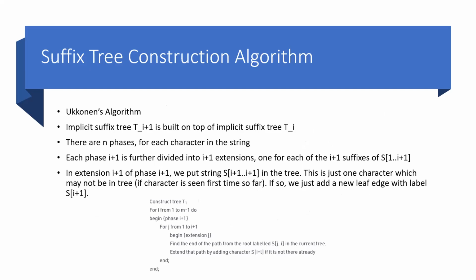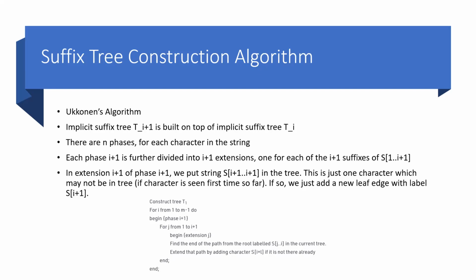So a suffix tree construction algorithm. The algorithm I'll be talking about is Ukkonen's algorithm, where it creates an implicit suffix tree. So to make T sub i plus 1, we have to build upon the implicit suffix tree that already exists of T sub i.